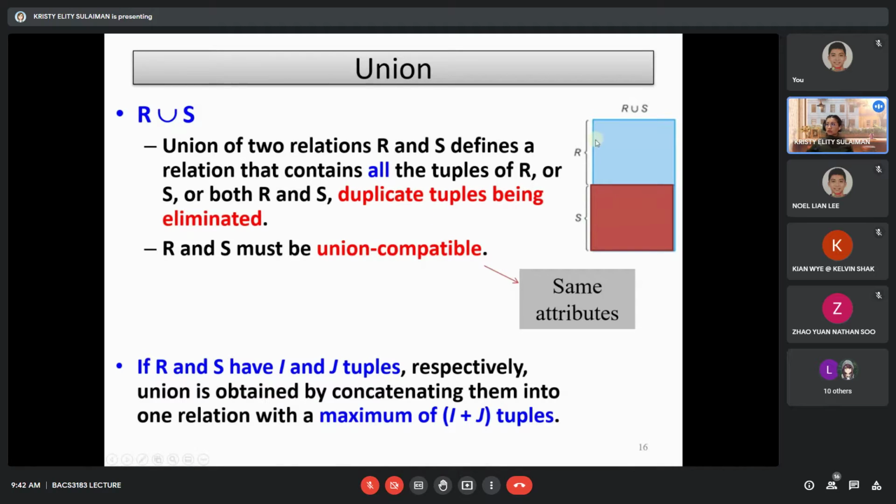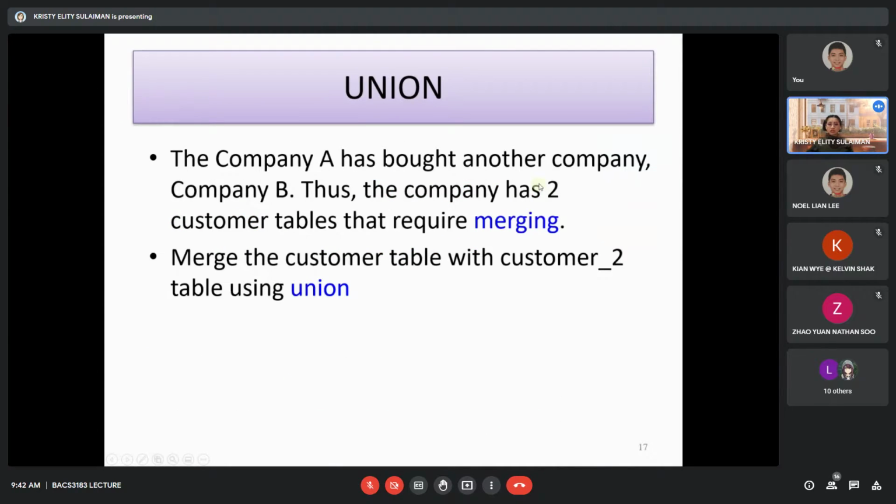Okay, so this is how it looks in a diagram. So we go to the next one to see an example of this. The example of when this union operation will be used: let's assume that company A has bought another company B. These two companies have two customer tables that require merging.